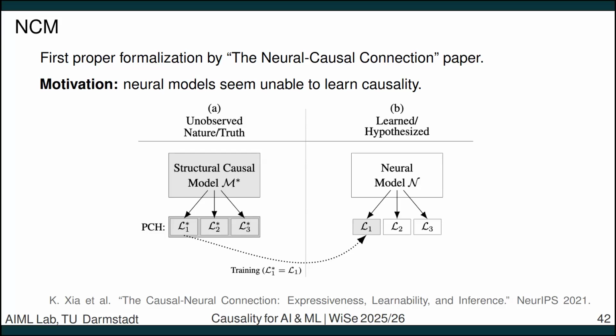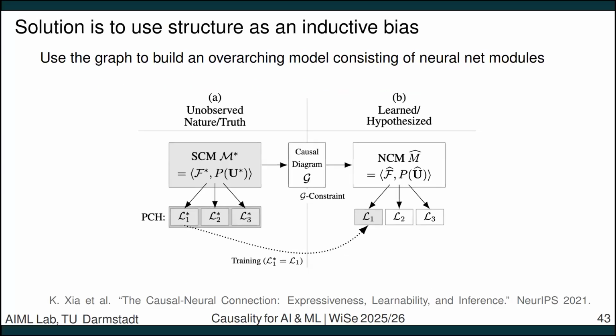So this is from the paper, the Neuro-Causal connection, and basically they draw that connection between structural causal models and neural models, which we'll see now. Basically, what they do is assume that we know the causal graph already, and we don't know the exact structural equations.